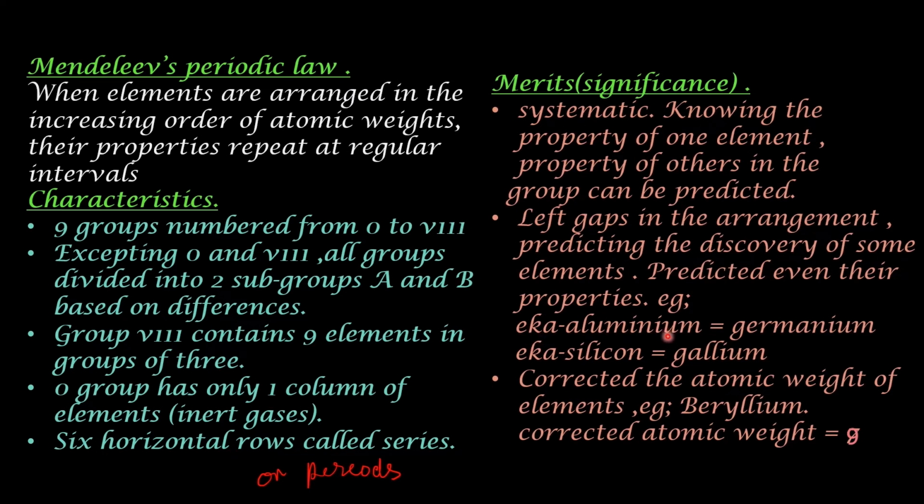Examples are Eka aluminium, which was later on discovered and named as germanium. And another one was Eka silicon, which was later on discovered and named as gallium. Their properties also coincided with the predicted properties. He was able to correct the atomic weight of elements. Example, beryllium, the atomic weight was corrected as 9.